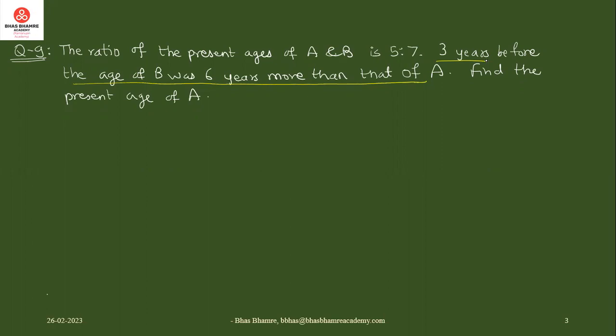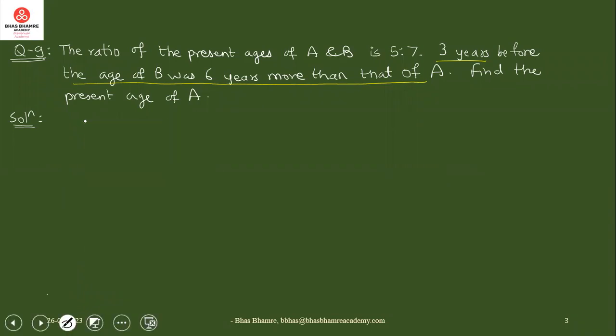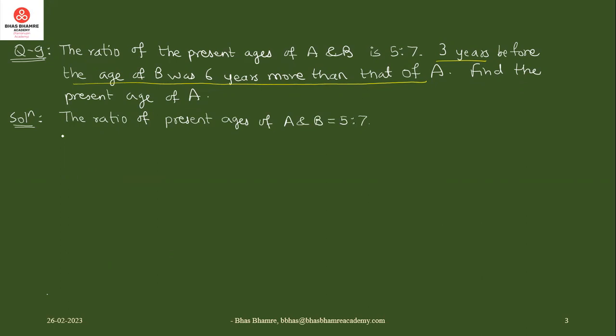Okay, so what can we do? Let's write. Solution. The ratio of present ages of A and B is equal to 5:7.